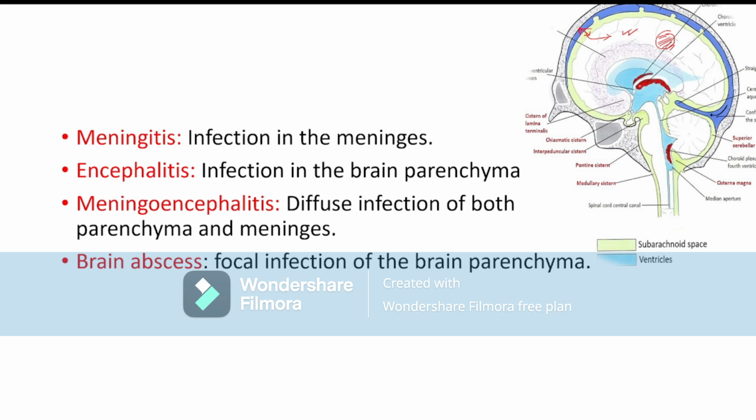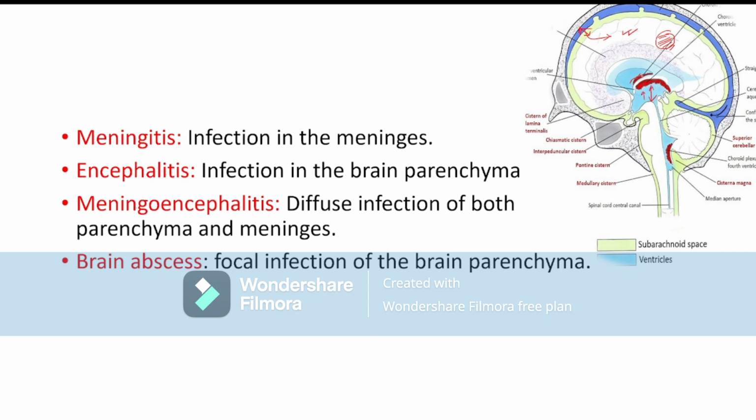There is a choroid plexus present near the lateral ventricles. So the CSF is mainly produced by the choroid plexus present in the lateral ventricle and also in the fourth ventricle. These are the blood vessels which form the blood-brain barrier, and from this, by the diffusion method, the fluid comes out from the blood and produces the CSF.